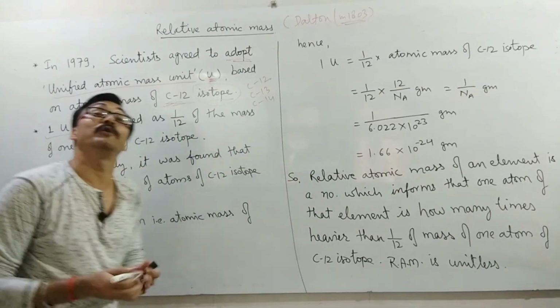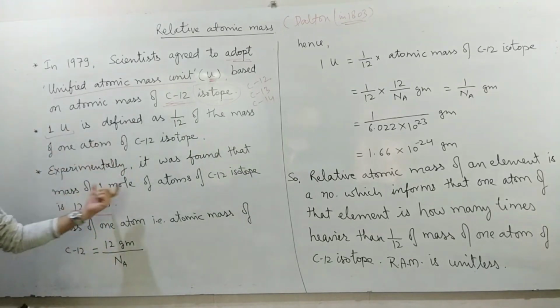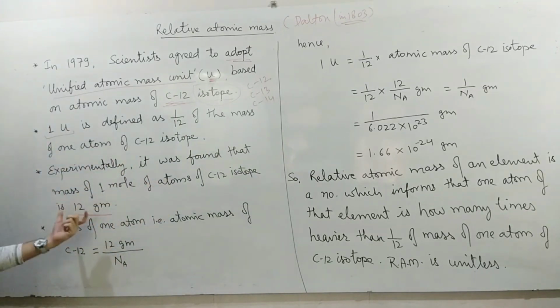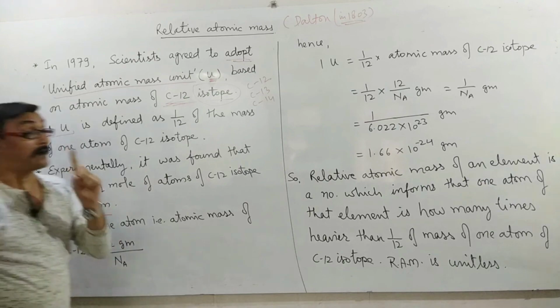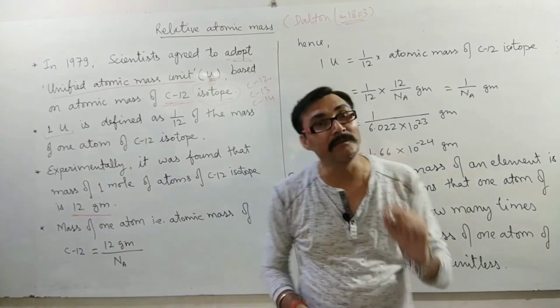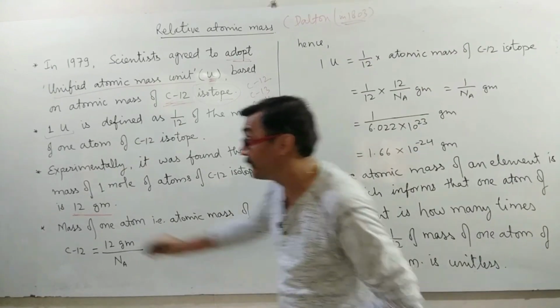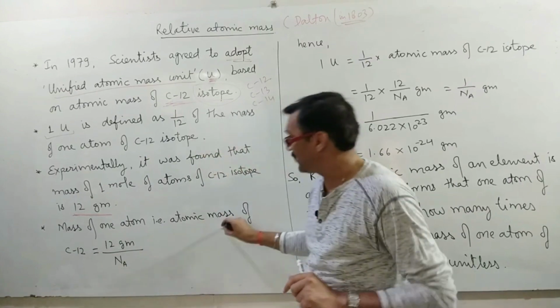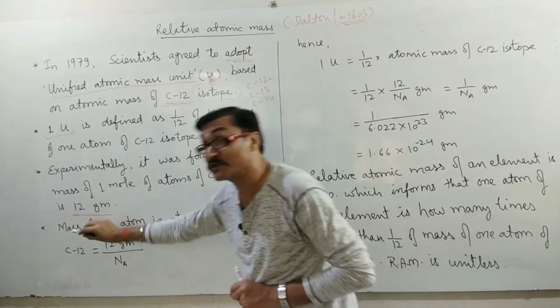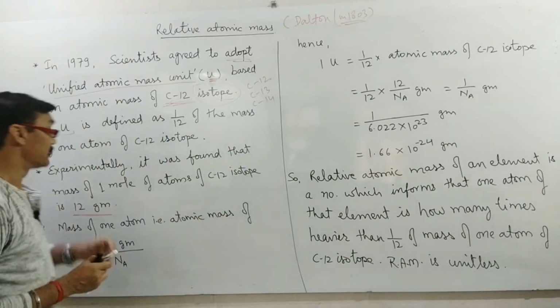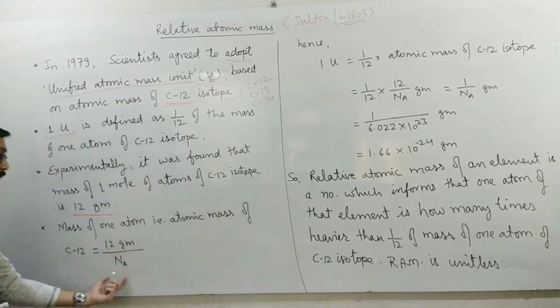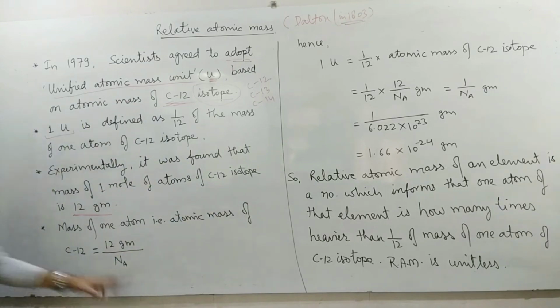Now, according to calculation, if the mass of 1 mole of atoms is 12 gram, then the mass of one atom, which is termed atomic mass, will be the mass of 1 mole of atoms divided by 1 mole, that is the Avogadro constant. So atomic mass or mass of one atom will be 12 gram upon Na.